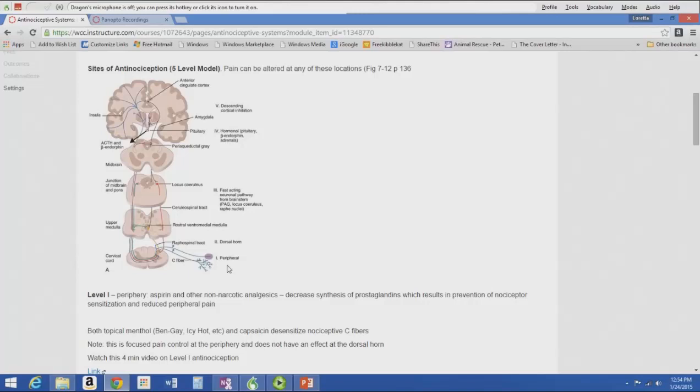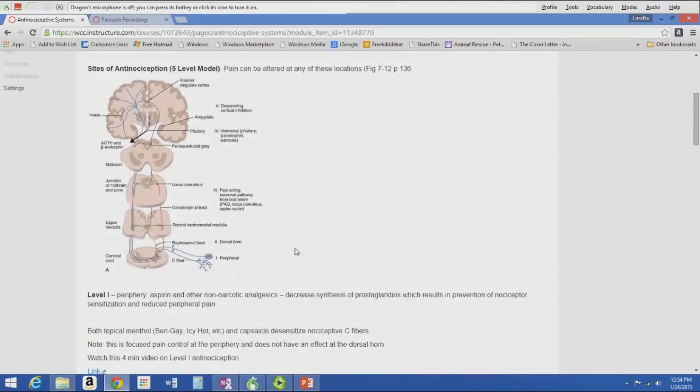So we're actually getting into the brain at this point. In the hormonal system, in the pituitary and the adrenals, and that's where beta endorphins are created, or with descending cortical inhibition, and that's the stuff that is coming from the cerebral cortex. So it can be in the cortex, the brain stem, the dorsal horn, or the periphery. So pain can be altered at any of those locations.